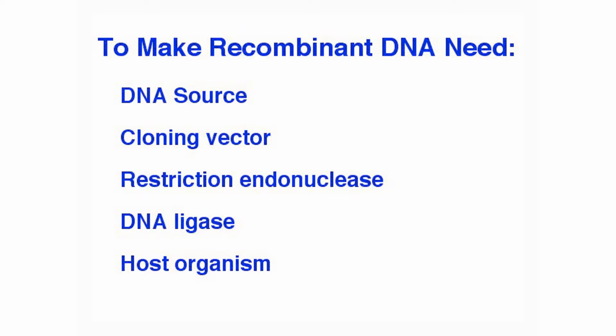Now we're going to take a look at how we can manipulate DNA, and that is by making recombinant DNA. And what that means is we're going to take a DNA of interest. Typically this is going to be a gene, although it could be another section of DNA that we want to characterize or experiment with. But we need a DNA source.